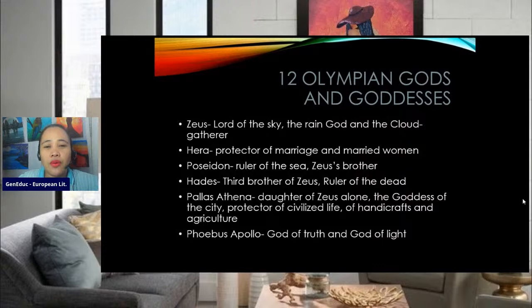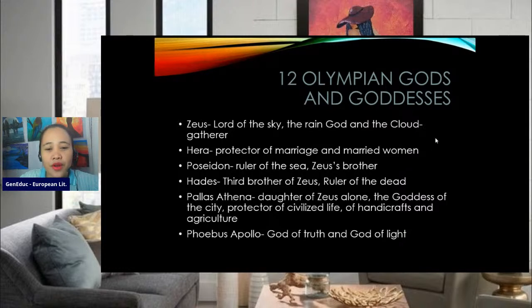Okay, so the 12 Olympian gods and goddesses. First, we have Zeus, the lord of the sky, the rain god, and the cloud gatherer. Hera, protector of marriage and married women. Poseidon, ruler of the sea, Zeus' brother.